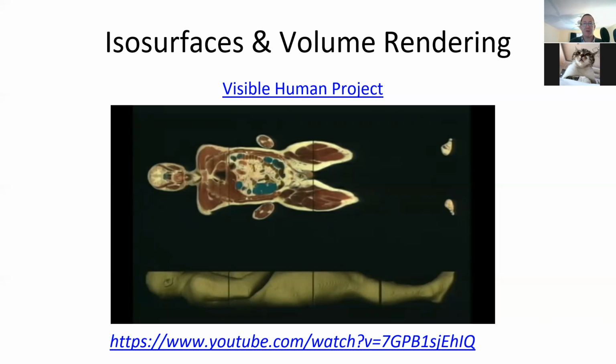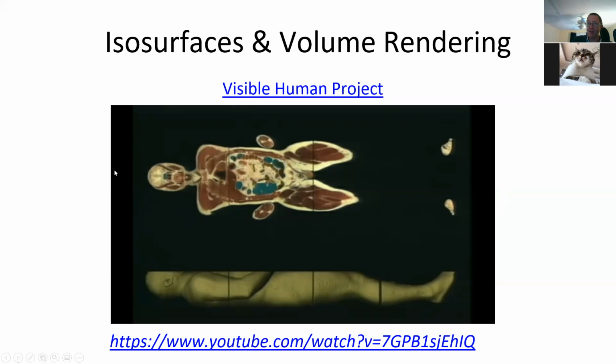You can remove individual layers, like an isocontour. An isosurface allows you to say, I only want to see the outside layer of the bone. Great, we'll show that. Or I only want to see the circulatory system. Great, we'll show that. We can look at individual parts and piece them together. Or we can do what we're doing right here. No, that's actually a slice.